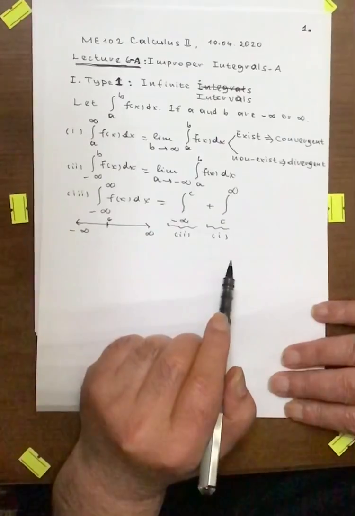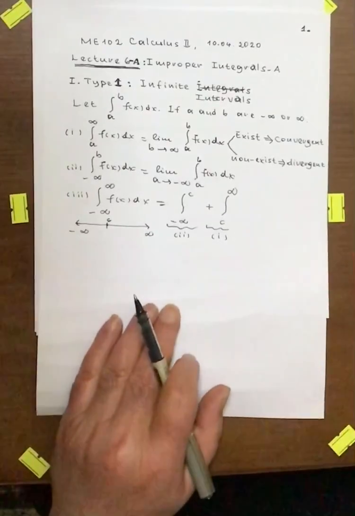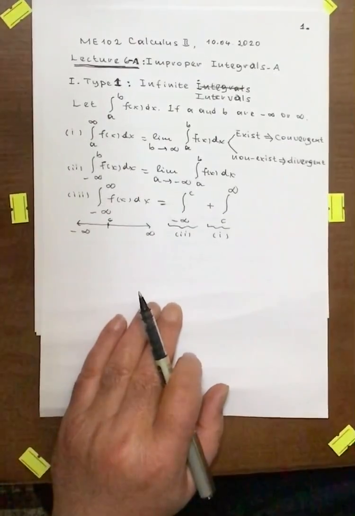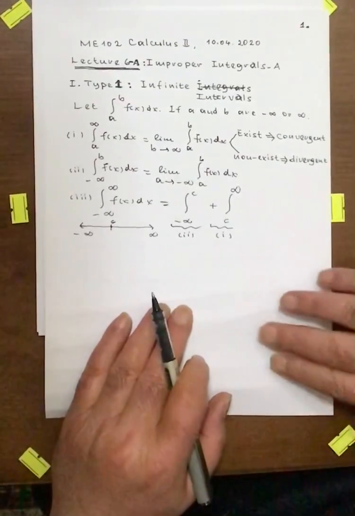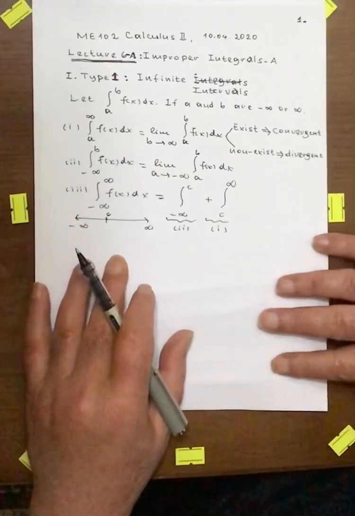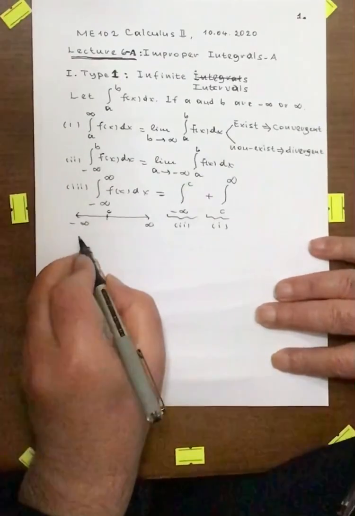Okay, now I would like to give some examples to explain this theoretical explanation. Okay, now examples.